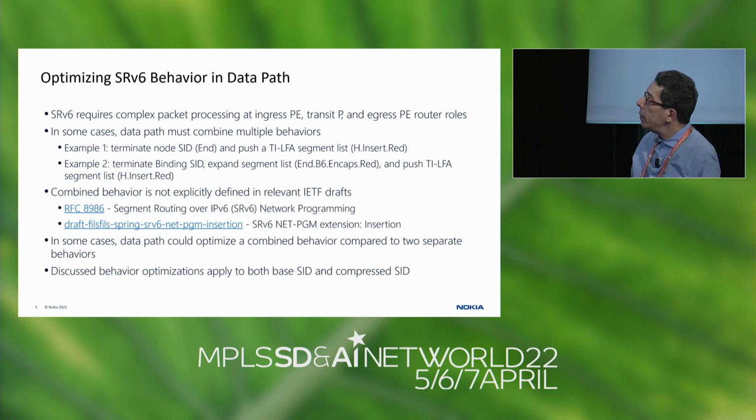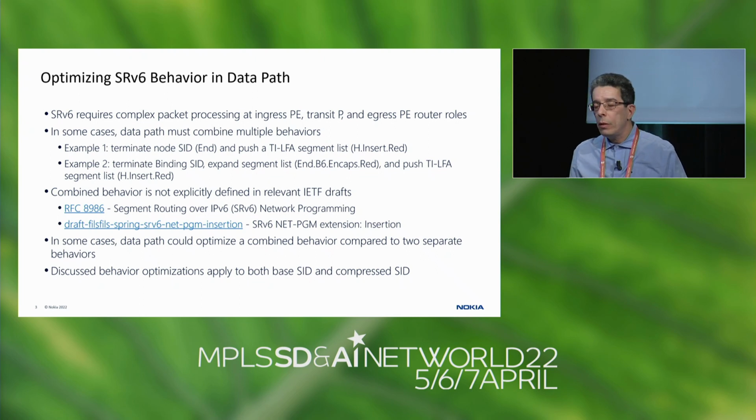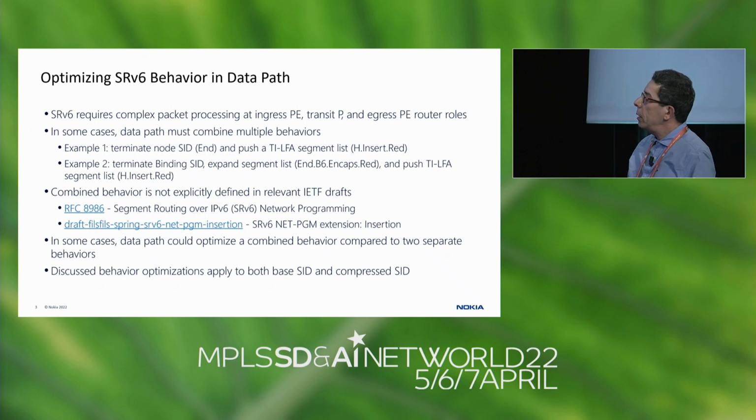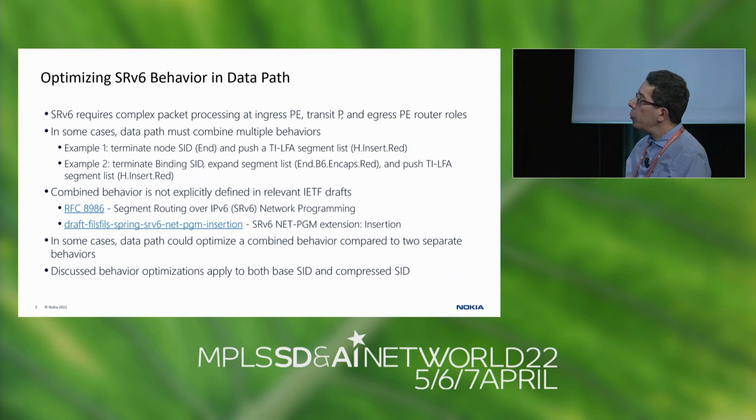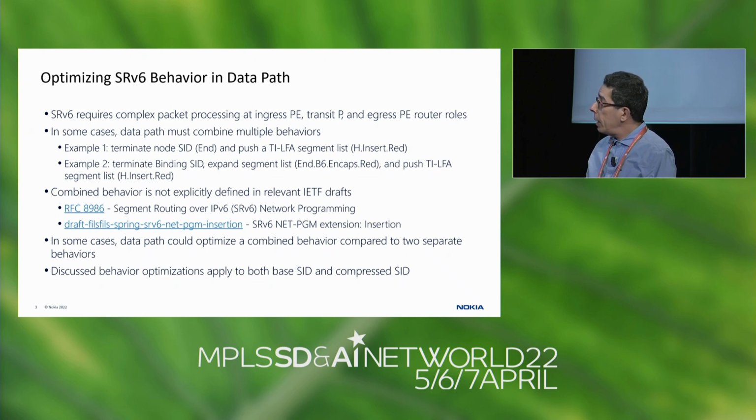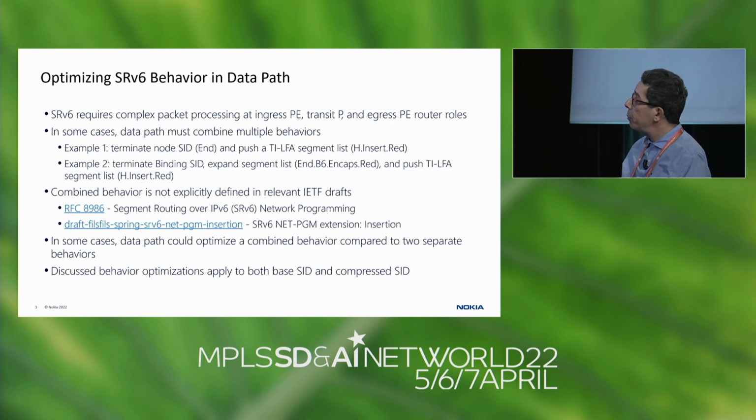In some cases, the data path must combine multiple behaviors. For example, you can terminate a node SID, so that's an END behavior, and then you have to push a TI-LFA segment list using an H.Insert.Red behavior. Another example would be to terminate a binding SID, expand the segment list using, for example, the End.BM.Encaps.Red behavior, and then push a TI-LFA segment list using the H.Insert.Red behavior.